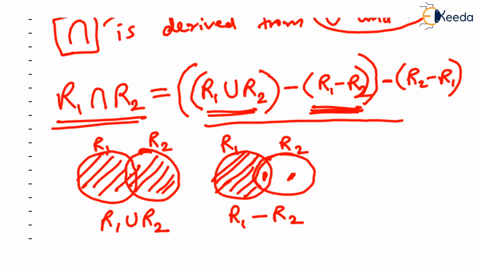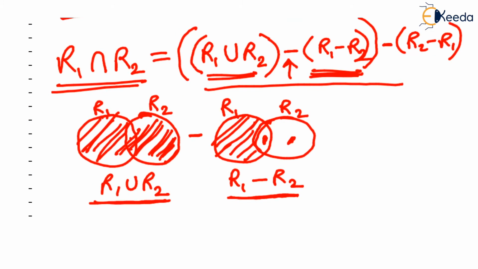Now you watch, we are taking the difference between these two. So what is it? The elements that are there in R1 union R2 but not there in R1 minus R2. Which are those elements? Just check it out. This entire thing is R1 union R2, correct? We want the elements which are there in R1 union R2 but not in R1 minus R2. So are you understanding?